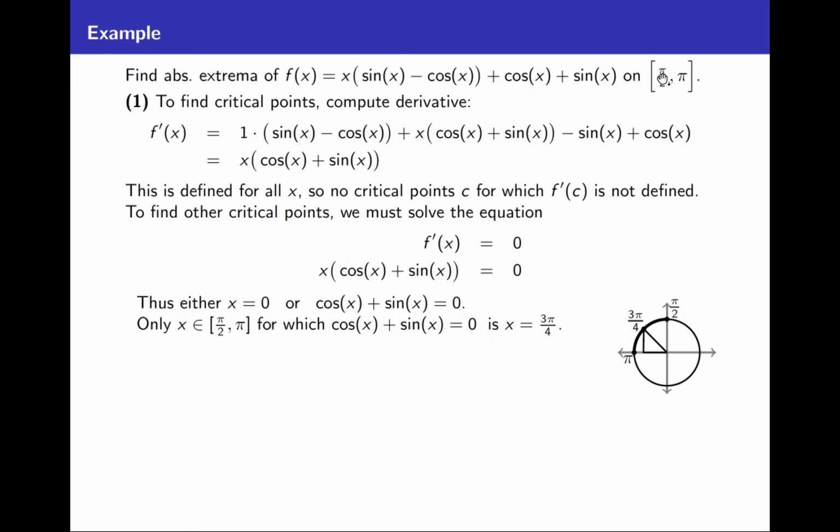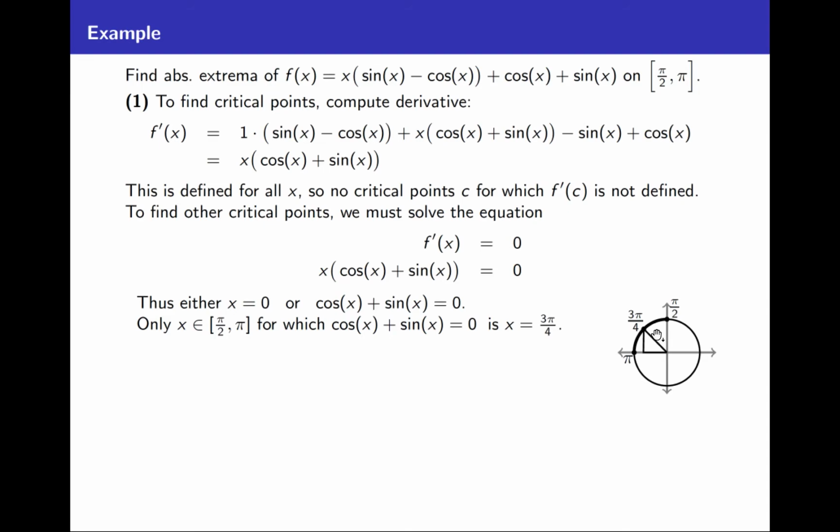And remember, we're on the interval from pi over 2 to pi. On the unit circle, here's pi over 2, and there's pi, so x is a radian value since it's plugged into trig functions. x is between pi over 2 and pi. We're looking for what x makes cosine x plus sine x equal to 0. And if you think about it, there it is right there.